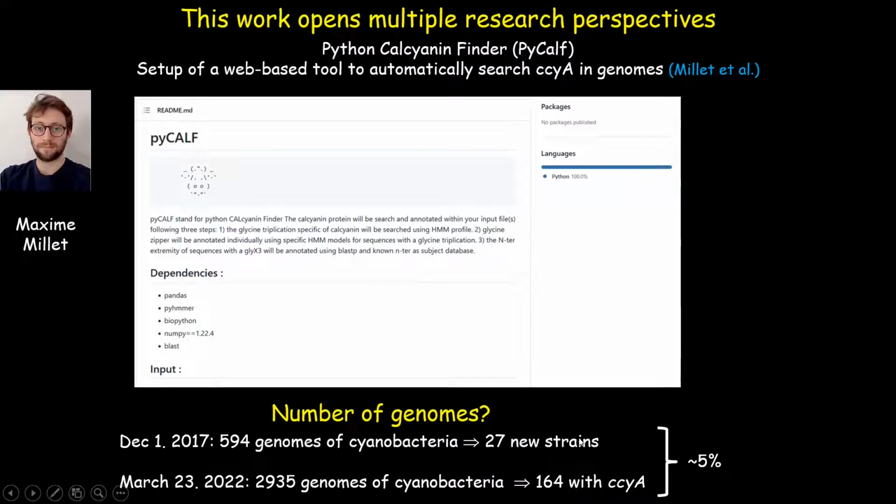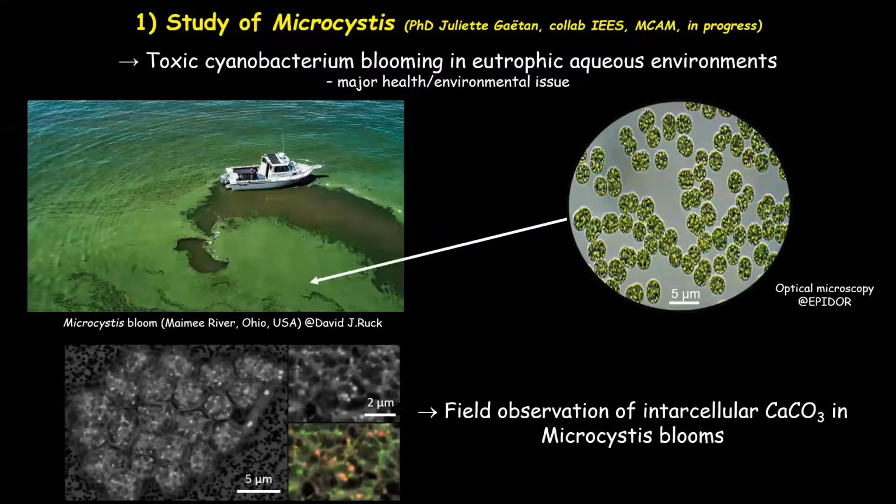I mean, if you take a rough ratio of that, the strains of cyanobacteria with the calcyanine are only 5% of the total cyanobacteria. You may say it's a lot or it's not, but this is the number. But be careful. This is like in modern cyanobacteria. We have no clue what was this percentage a long time ago. Then it's not for all cyanobacteria. There are some cyanobacteria where it's much more frequent.